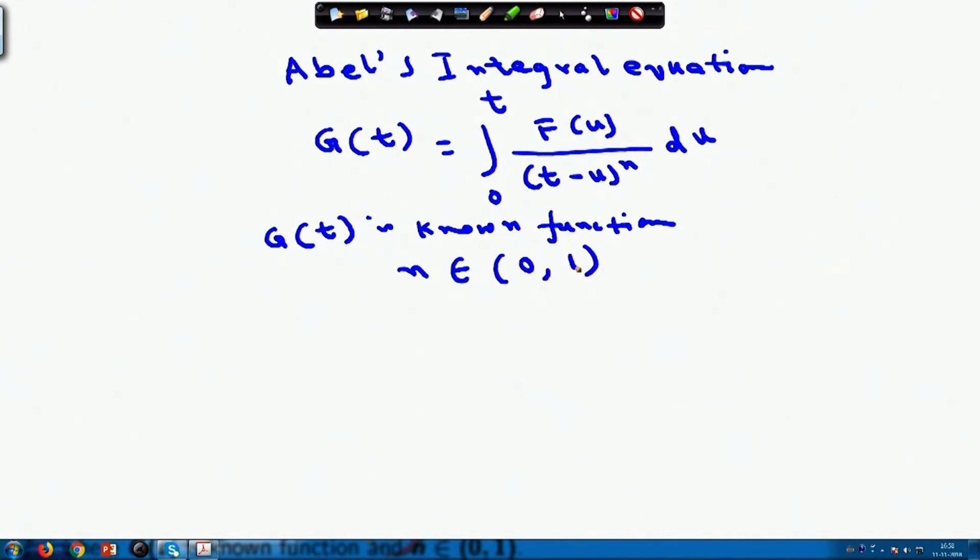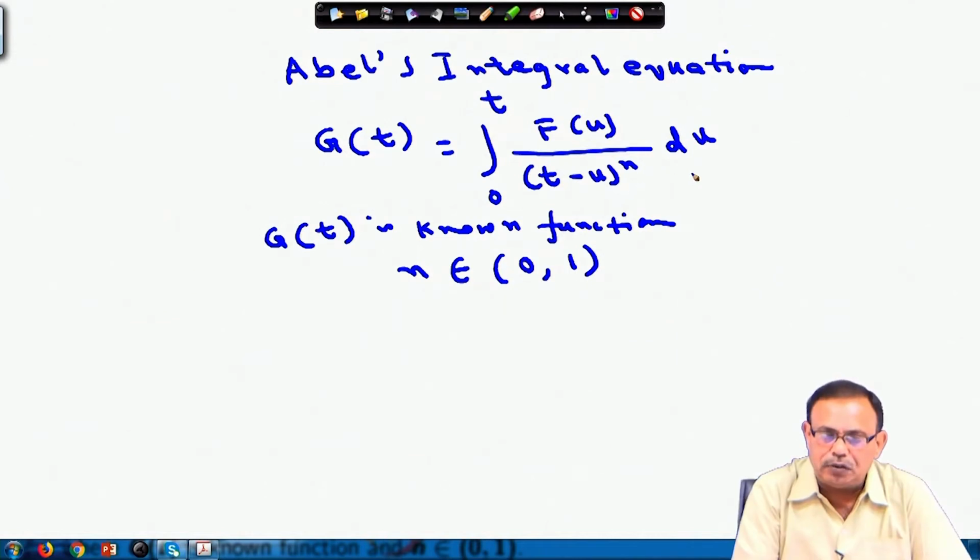Please note that in Abel's integral formula, g(t) equals integral from 0 to t of f(u) by (t minus u) to the power n du, where g(t) is a known function and n belongs to (0, 1), and I have to find out the value of f(u).